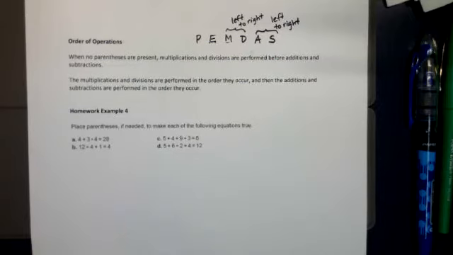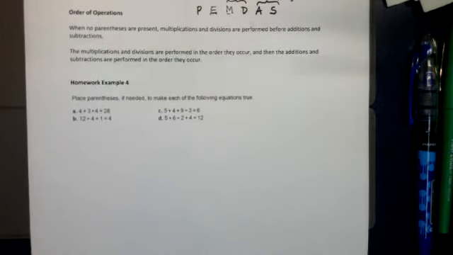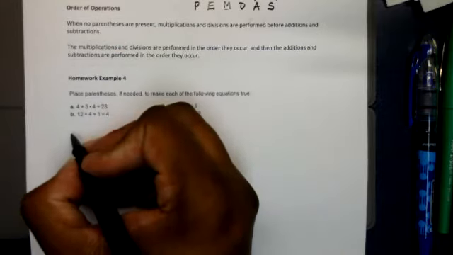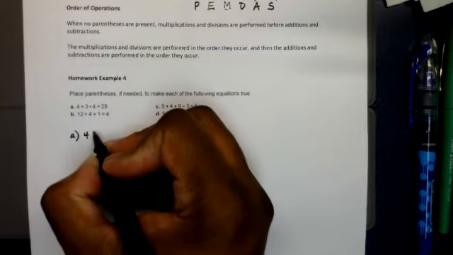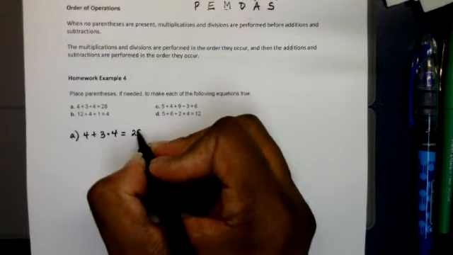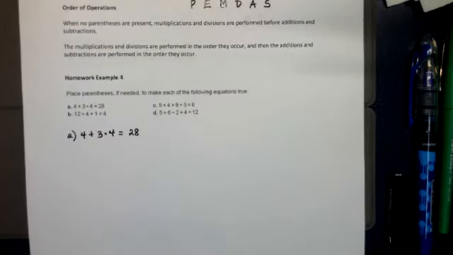So let's look at this homework example number 4. Let's say we want to place parentheses if needed to make each of the following equations true. In part A, we have 4 plus 3 times 4, and that's equal to 28.